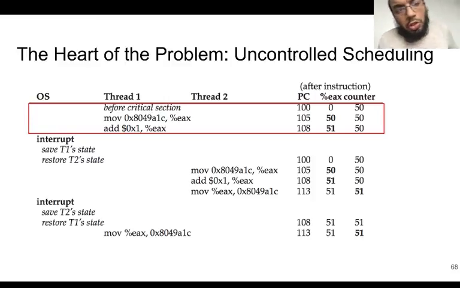But now when you do the move operation, EAX becomes 50 also, and the counter is still 50, right? And the program counter moves in order to point to the next line in the code that's going to run. Okay, so you move from line 100 to line 105.